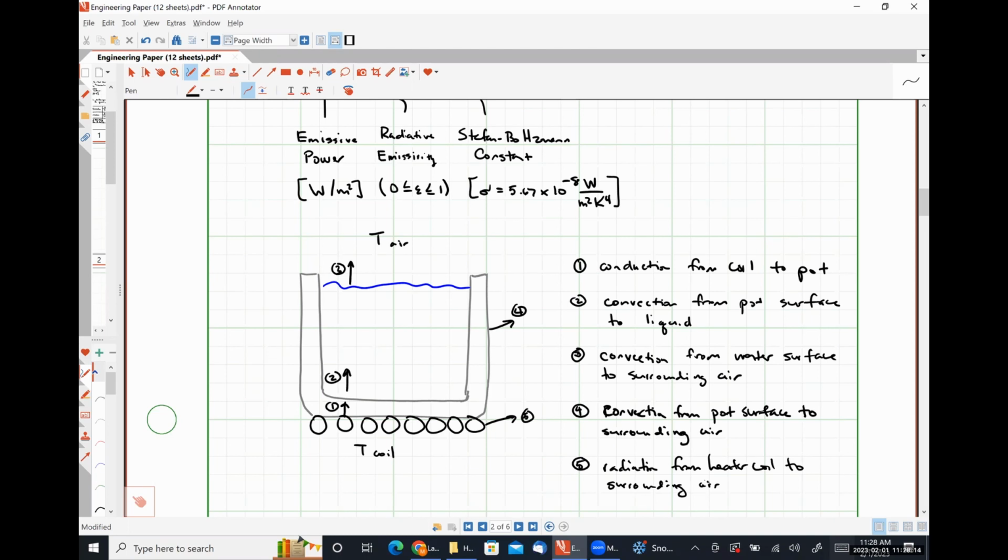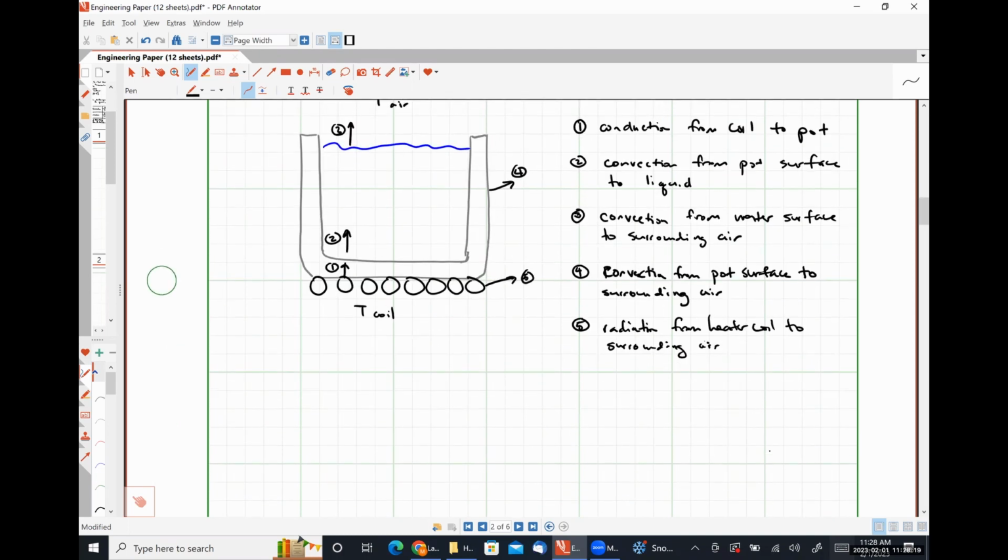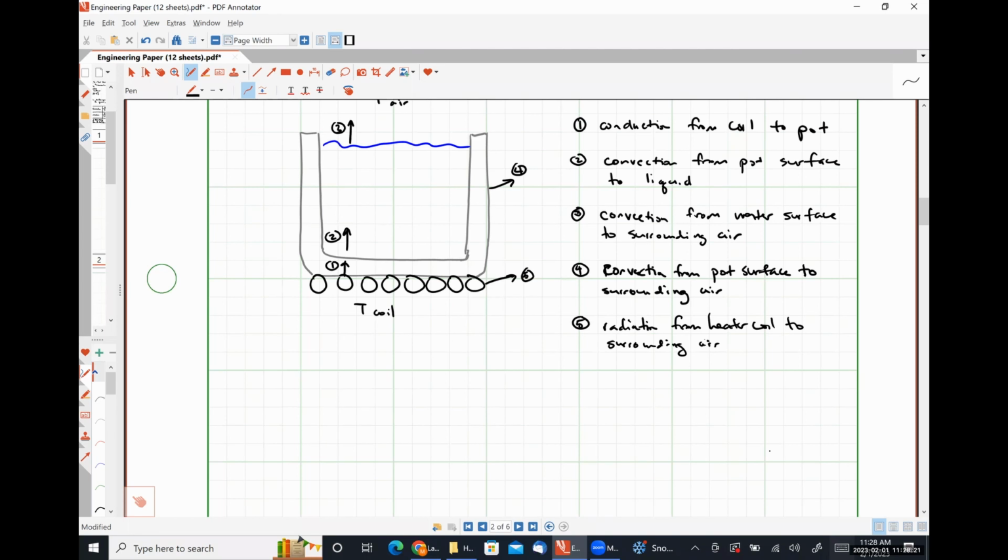So heat transfer occurs whenever a temperature gradient exists.